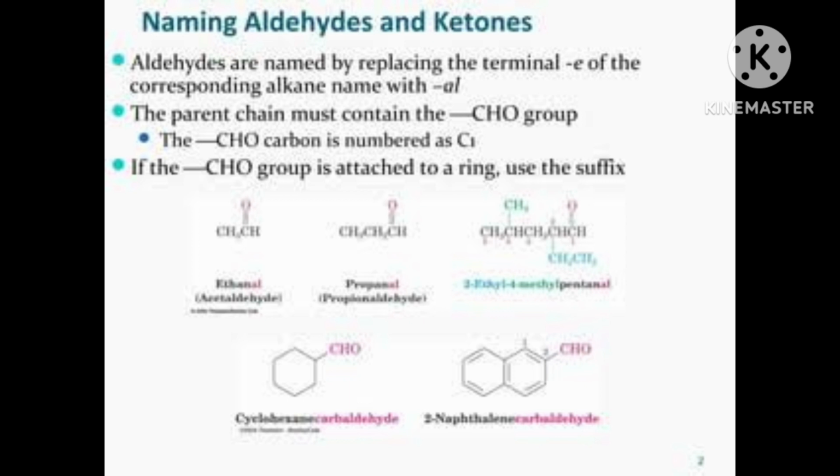Then what will be the nomenclature? Here you have to write propane, because carbon number 1 has an aldehyde group, carbon number 2 also has an aldehyde, and carbon number 3 also has an aldehyde.